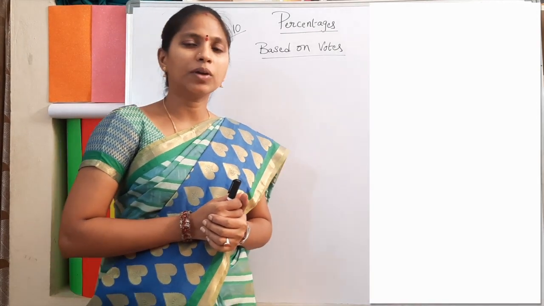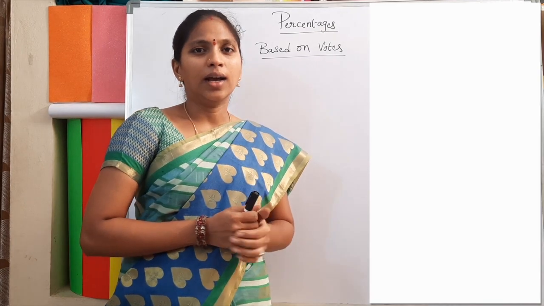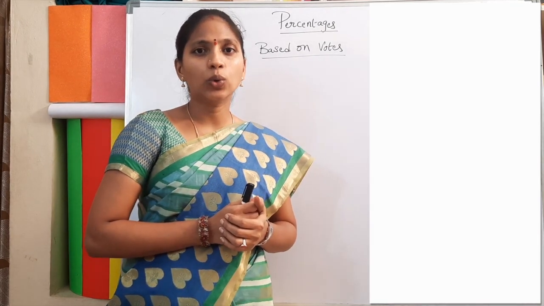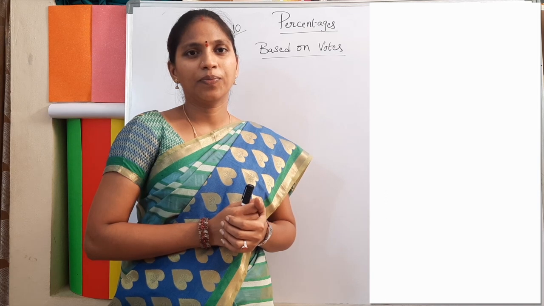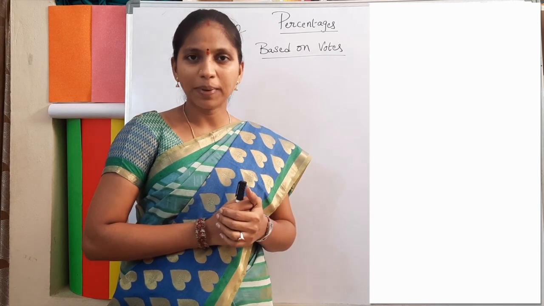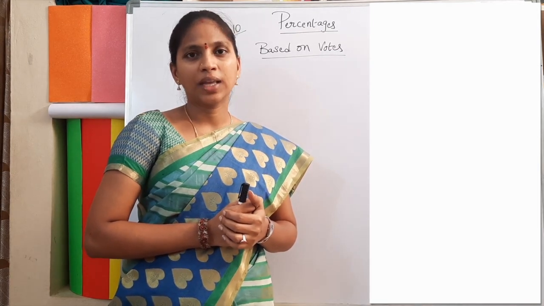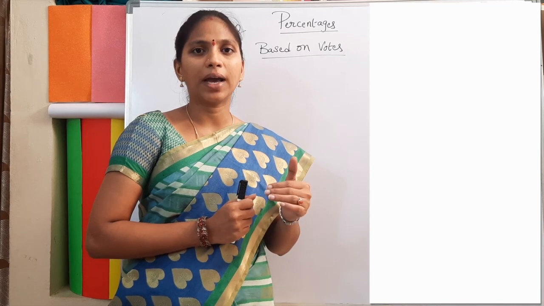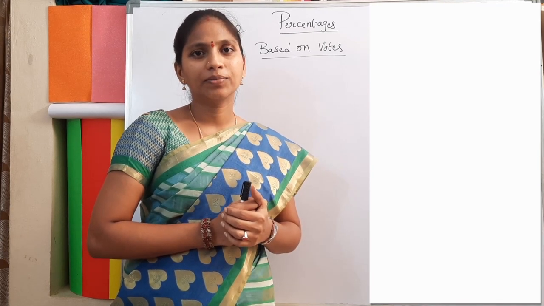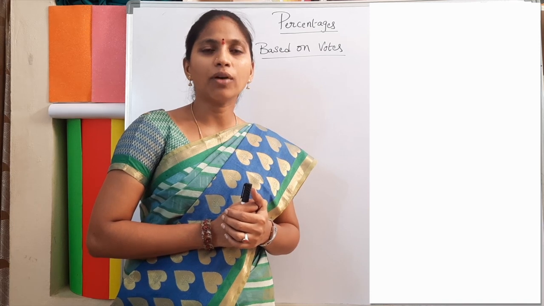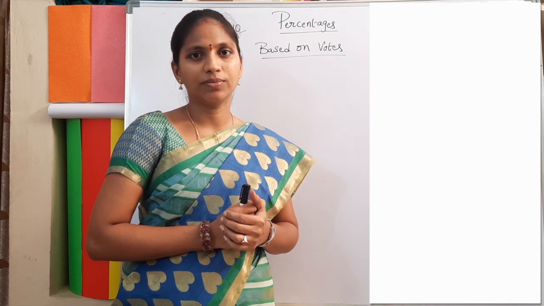In this concept, questions are like: in an election, two candidates contested. One candidate got some percentage of votes and he is defeated by the other candidate. Then find out the total number of votes in that election.